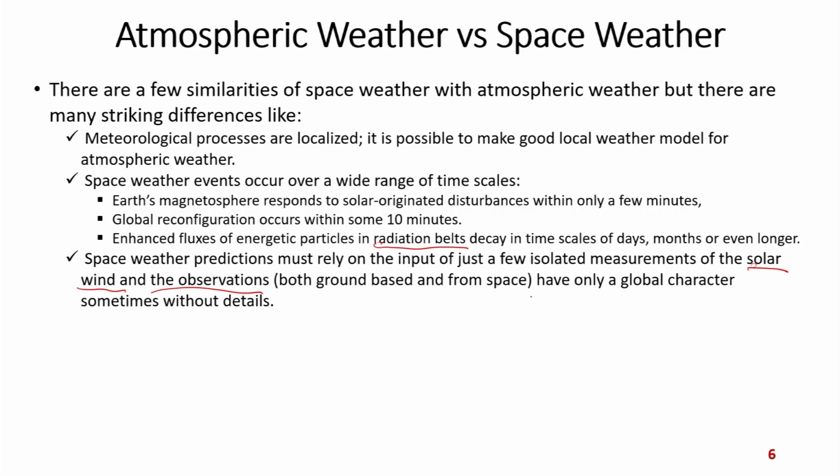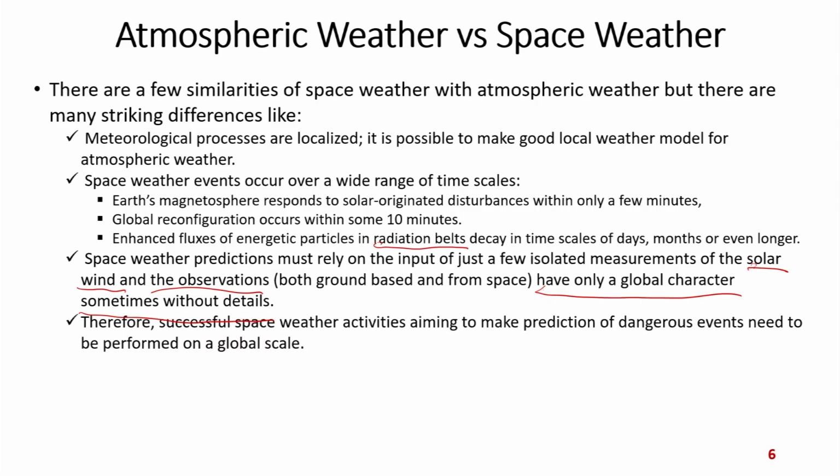Having this data or information with a global character instead of a local character like terrestrial atmospheric conditions, therefore, the successful space weather activities aiming to make prediction of dangerous events need to be performed on a global scale. Generally, these things are made on a global scale.